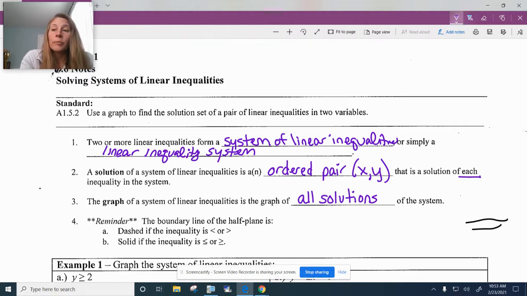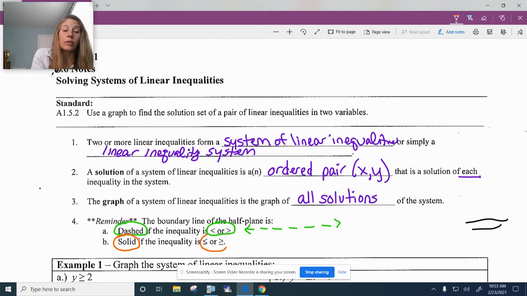Now, as a reminder, the boundary line of the half plane is a dashed line if the inequality is less than or greater than without those equal to lines underneath, and it would just look something like this, a little dashed line. However, that boundary line will be solid if the inequality is a less than or equal to or a greater than or equal to, and then it will just look like a traditional solid line, like that.